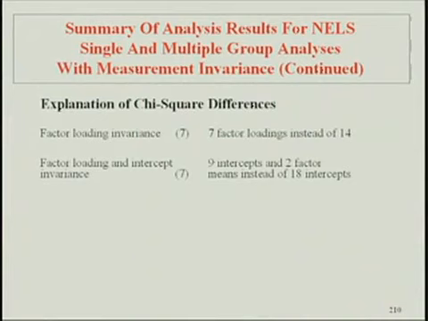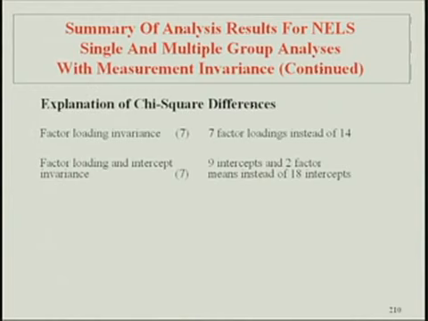When we had a difference in degrees of freedom of 7 when we imposed invariance of the factor loadings, that's because we had 14 free factor loadings, and when we made them equal, it went down to 7. Now we have an extra twist when we add the intercepts to the model, because we also add the intercepts to the sample statistics. So we now don't have just variances and covariances as sample statistics. We have variances, covariances, and means.